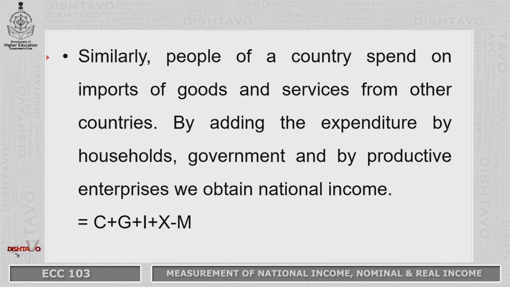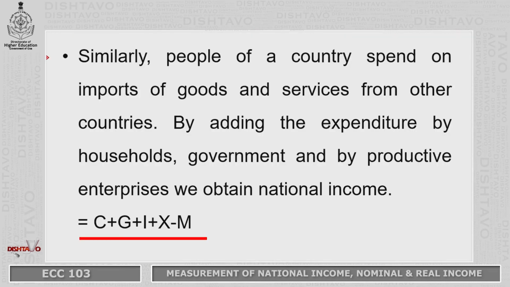So, national income is nothing but C plus G plus I plus X minus M. C is the consumption expenditure which is incurred by the individuals, G is the government spending which is incurred by the government on various infrastructure projects, I is the expenditure or investment incurred by the private sector, X is the exports, M is the imports. So, X minus M, the difference between these two, will give you net exports. So, consumption plus government expenditure plus investment plus net exports will give you national income through the expenditure method.